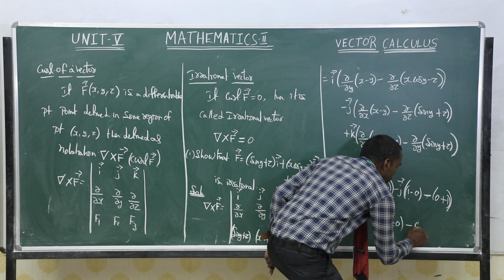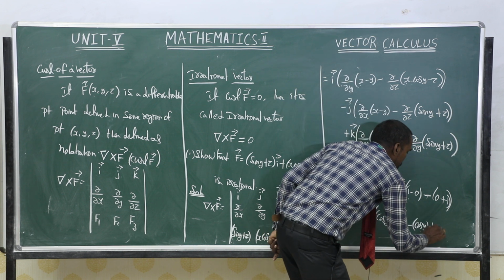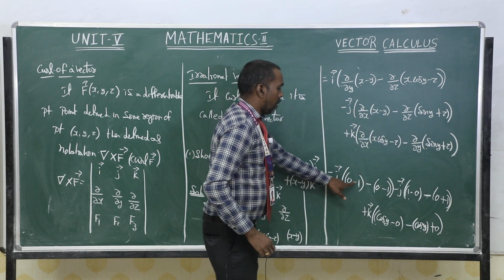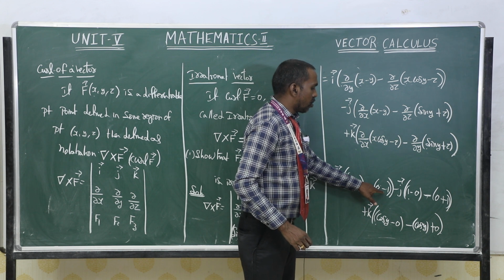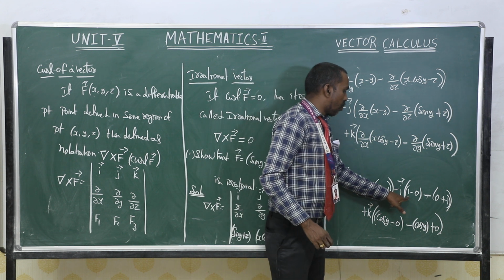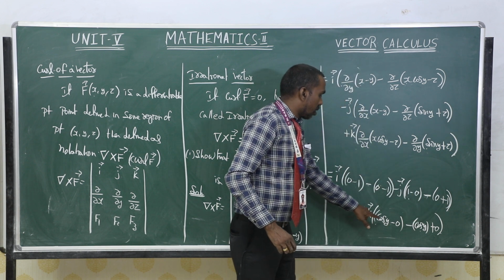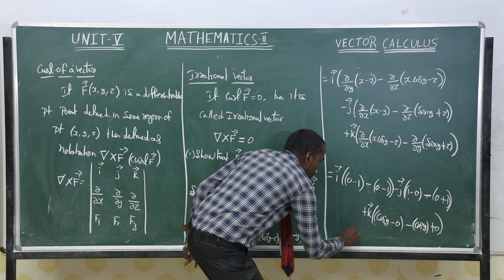So cos y minus cos y, plus 0. Finally, minus 1 plus 1 gives 0, here 1 minus 1 is also 0, and cos y minus cos y is 0. The final answer is 0.